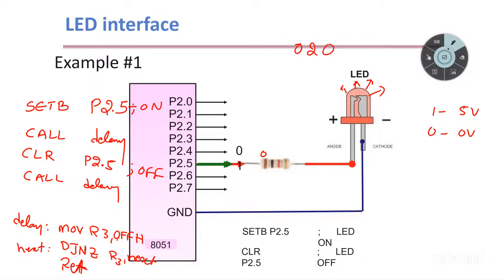First, FF in R3. Decrementing gives FE, then FD, FC, FB, FA, F9, F8, F7, F6, F5, and so on to F0. After F0, decrementing gives EF, then EE, ED, EC, like that. Whenever it becomes 0, this will terminate.